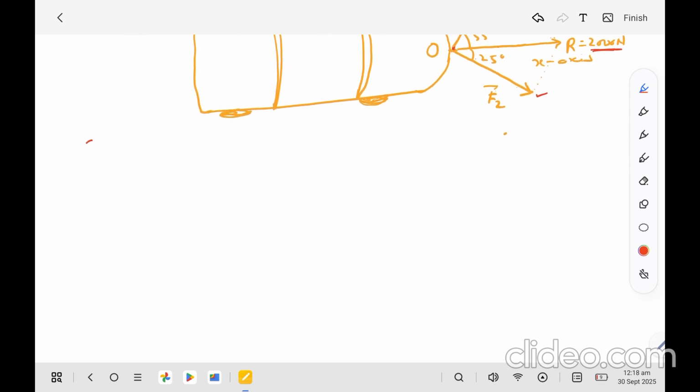Okay, so now first job is we need to check whether we can use the law of the parallelogram to solve this problem or not. Okay, so first task is to make an equivalent force diagram.